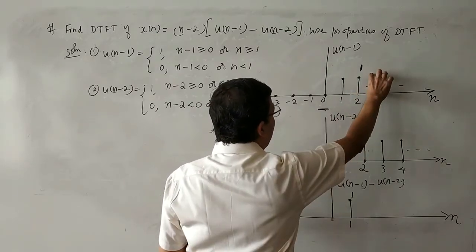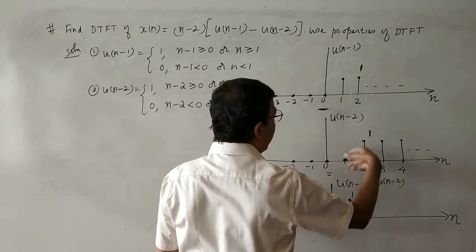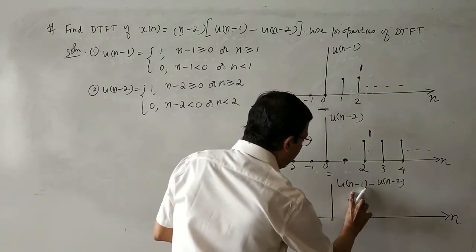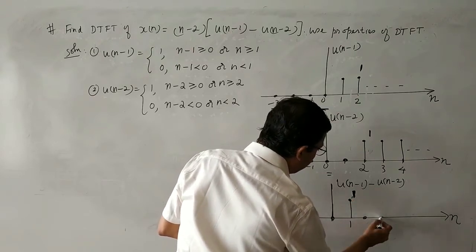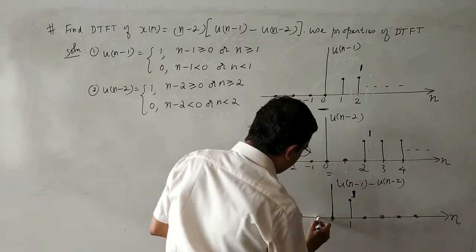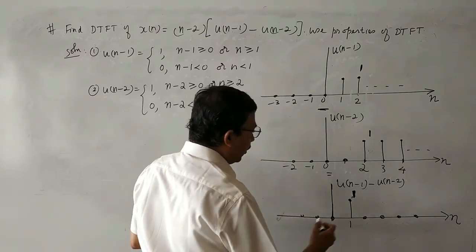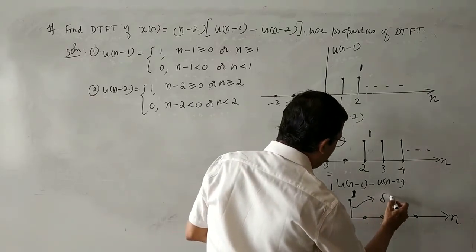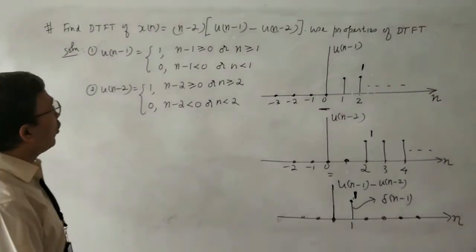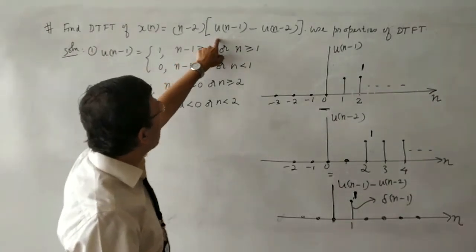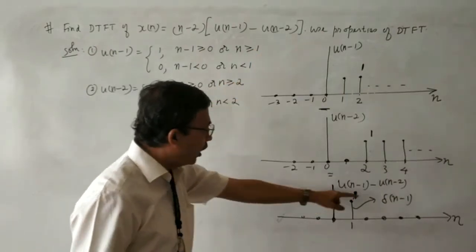Sample at 3 is 1, here the sample at 3 is 1, 1 minus 1, 0. So only the sample at n equal to 1 will survive. Rest are all zeros. So this is nothing but delta of n minus 1. Therefore u of n minus 1 minus u of n minus 2 is delta of n minus 1.